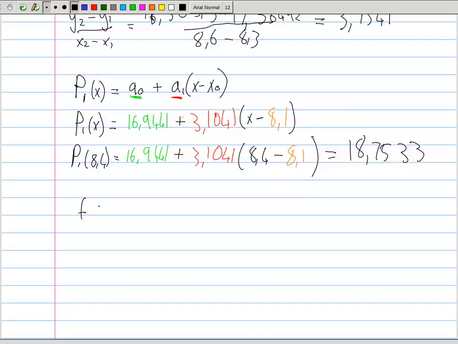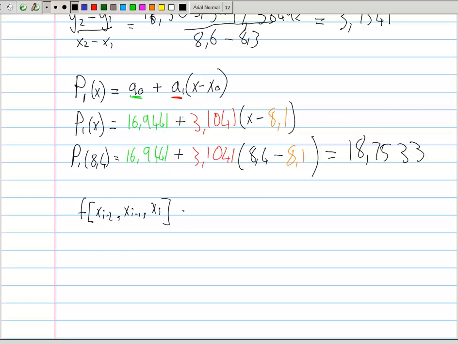Our second divided difference is typically notated as f of xi minus 2, comma xi minus 1, comma xi. And in this case, I is going to be equal to 2, because then we have 2 minus 2, which is 0, 2 minus 1, which is 1, and 2.